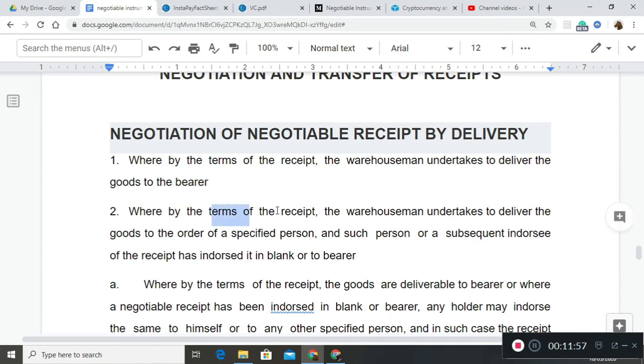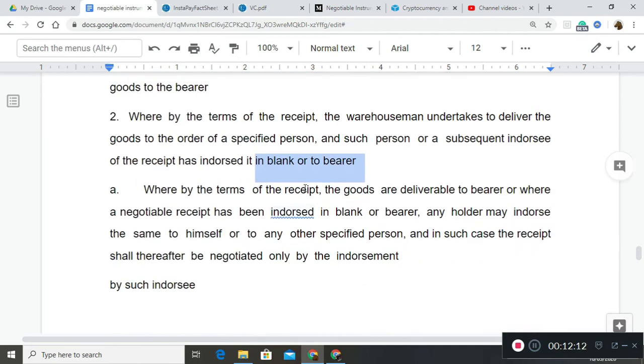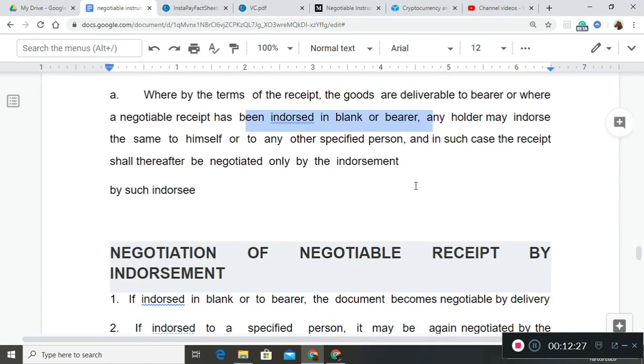Or where by the terms of the receipt the warehouseman undertakes to deliver the goods to the order of a specified person, and subsequently that person endorses the receipt in blank or to bearer, basically converting the order instrument into a bearer instrument. Where by the terms of the receipt the goods are deliverable to bearer, and where the negotiable receipt has been endorsed in blank or to bearer.